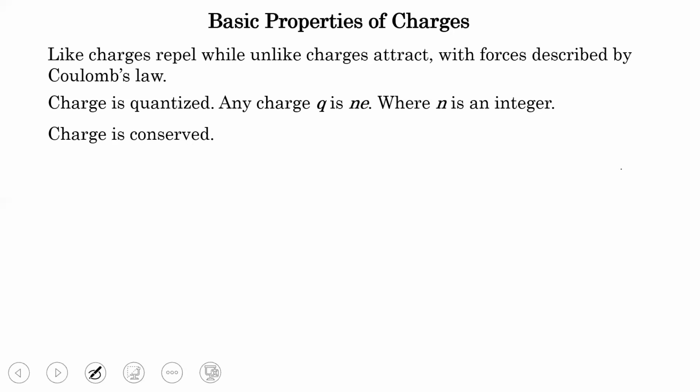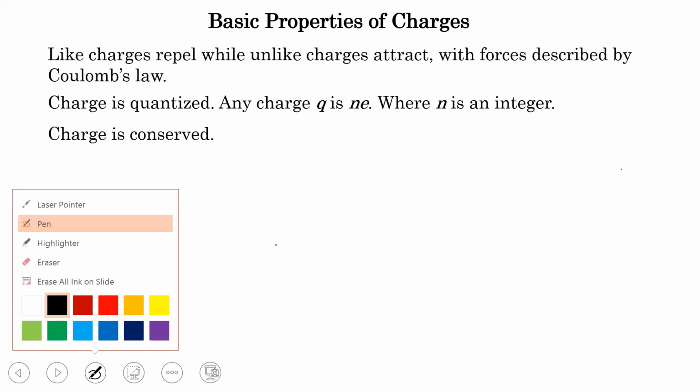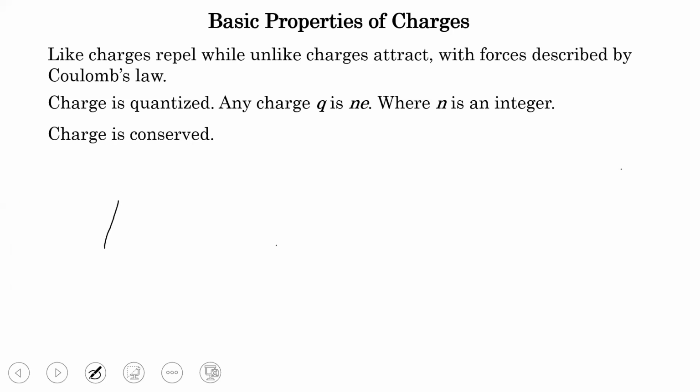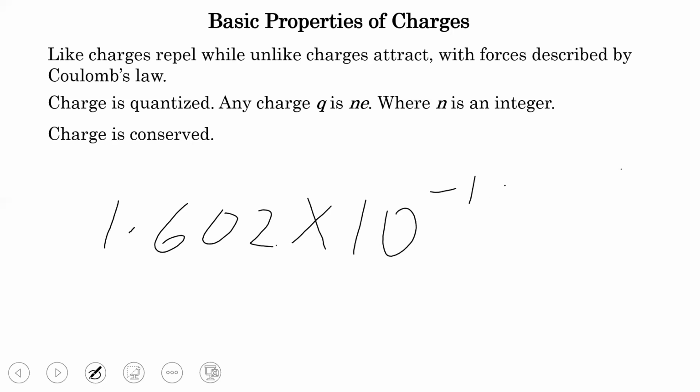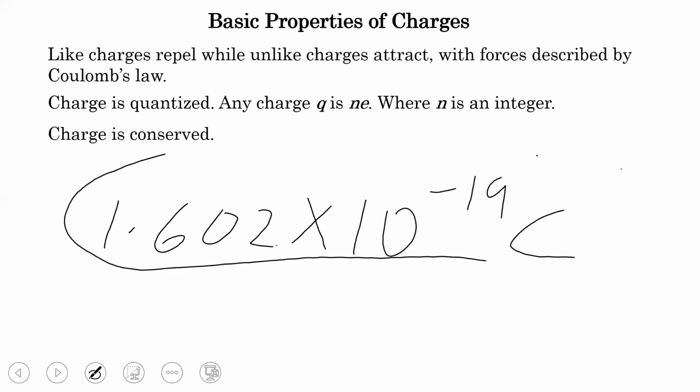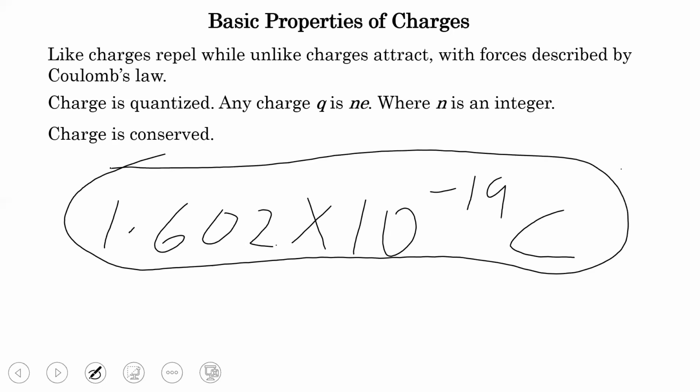The basic charge you can have is 1.602 times 10 raised to power minus 19 coulomb. The coulomb is the unit of charge. Every other charge you can have must be an integral multiple of the charge of an electron or proton.